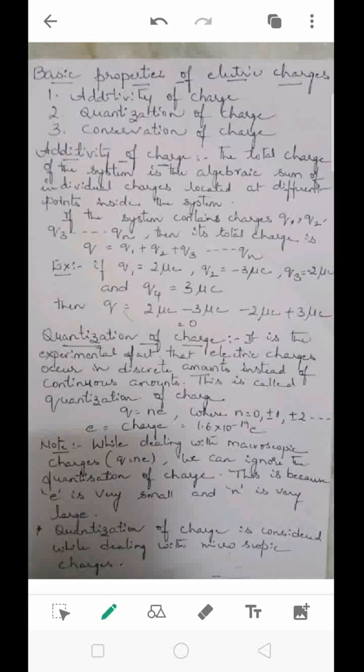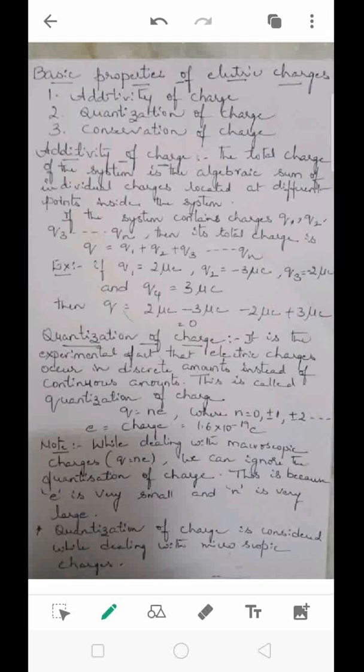Thus, electric charge is additive in nature. Let us take, for example, different charges present in a body like Q1, Q2, Q3 and so on. The total charge in the body is Q = Q1 + Q2 + Q3 + ... + Qn. This is how it follows the property of additivity.